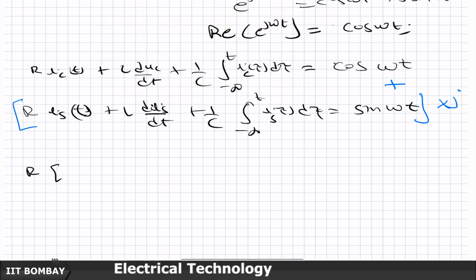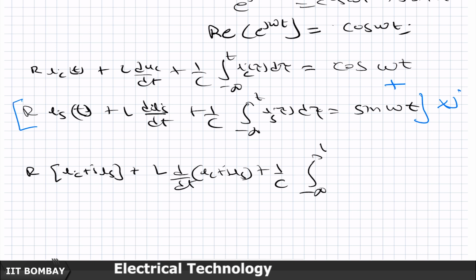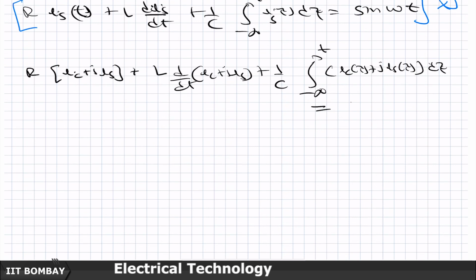I will get R times (i_c plus j i_s) plus L times d by dt of (i_c plus j i_s) plus 1 by C integral from minus infinity to t of (i_c of tau plus j times i_s of tau) d tau, equal to cos of omega t plus j times sine of omega t. This is the response to this right hand side.